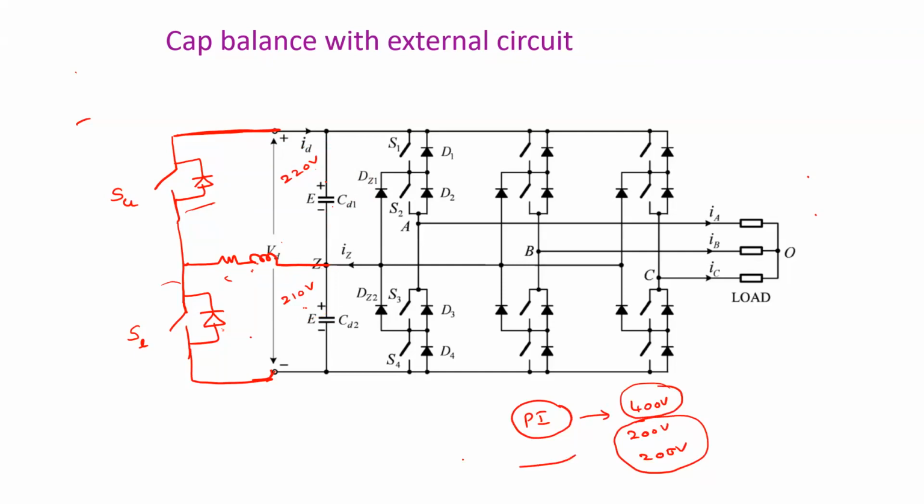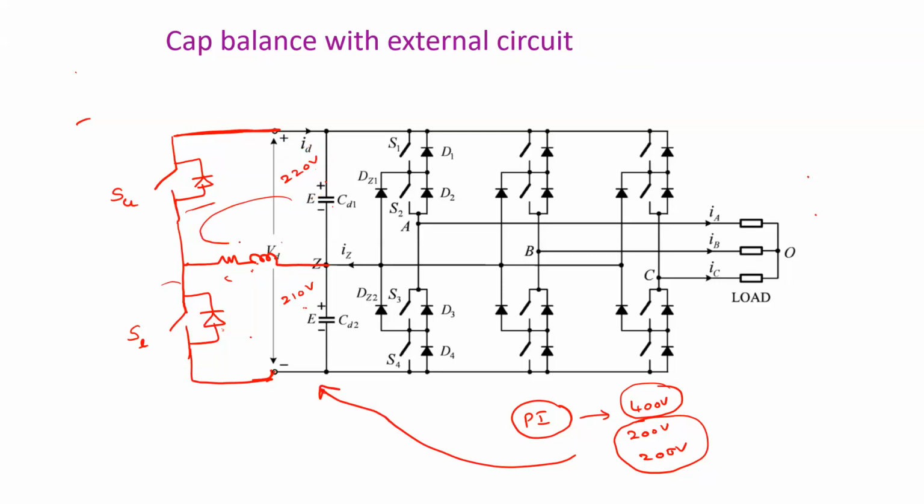In addition to that, to reduce the burden on this PI controller, we have this additional circuit. Here what this circuit will do: this is 200 volts, right? This is charging excessively.